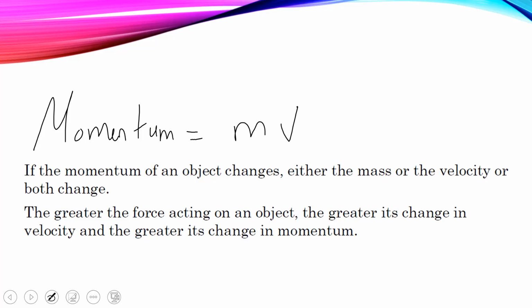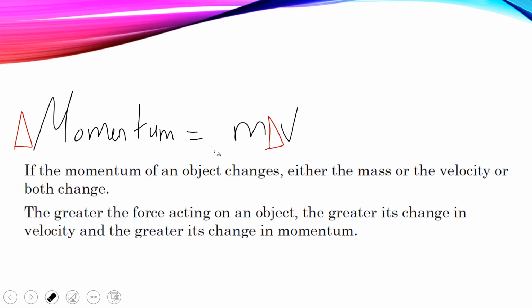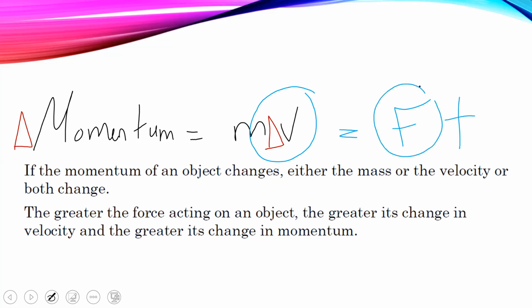As we said before, to make a change in momentum, I can make a change in mass or a change in velocity. But since I cannot change the mass, a greater force applied means a greater change in velocity, that's also equal to F times t. So greater force, greater change of velocity, that means greater change of momentum.